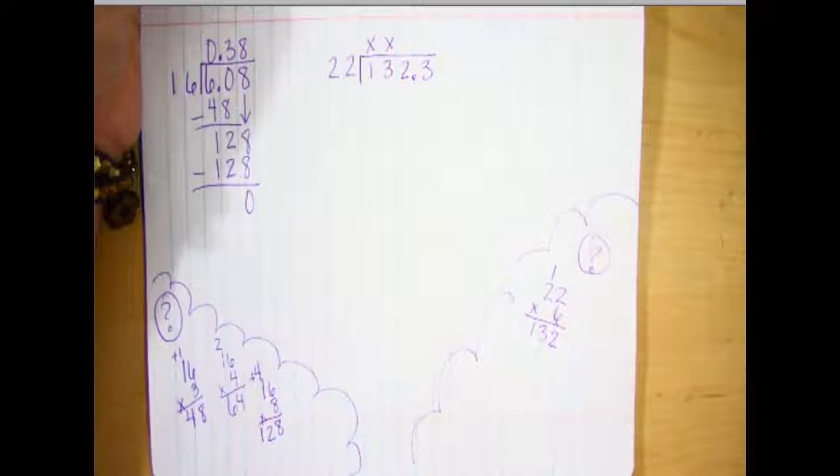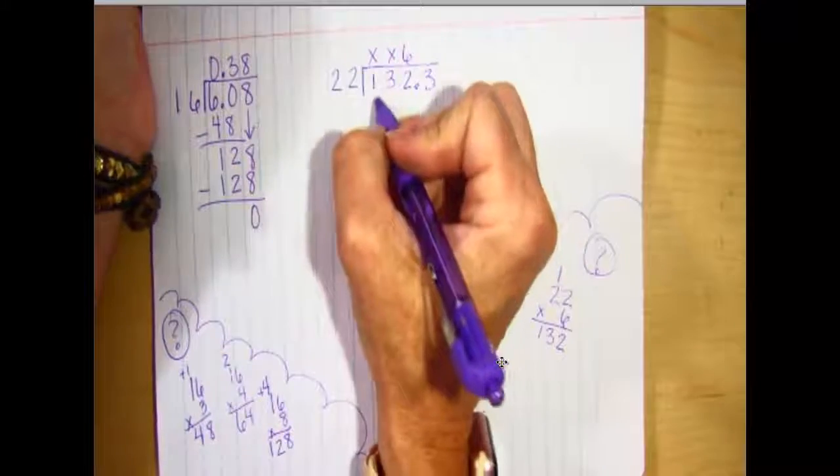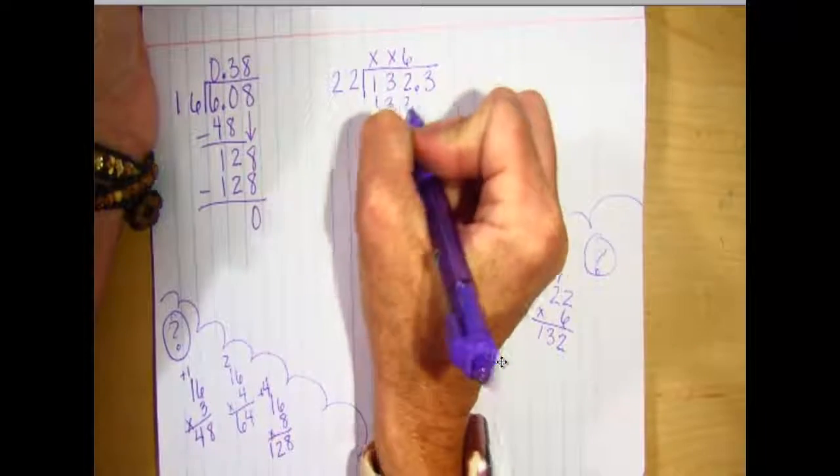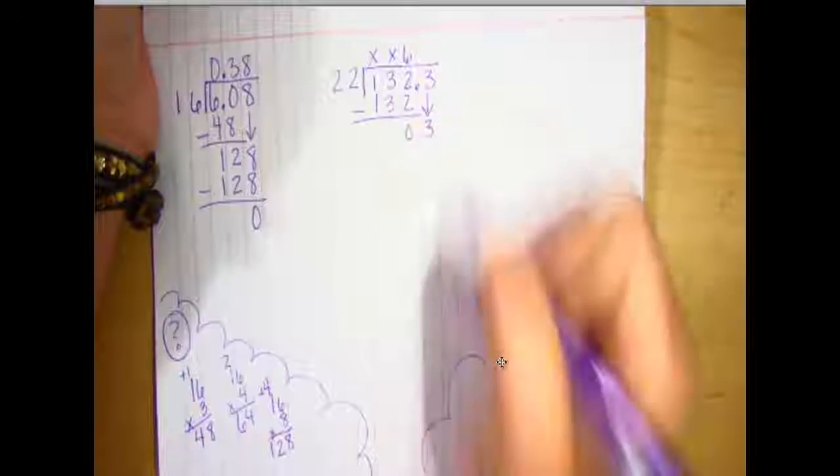Well, what do you know? That's just a beautiful coincidence. Uh-oh. Please don't do that. So, 6. Now I bring down the 3. Can I do 3 divided by 22 here?